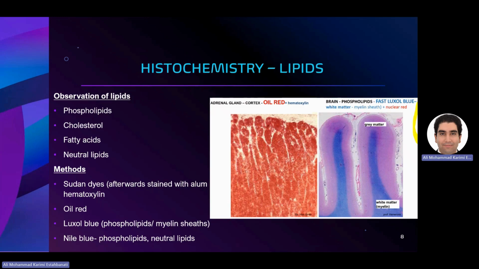The methods to stain lipids are Sudan, oil red, Luxol blue, and Nile blue. As you can see here, we have oil red. This is a good slide of it. And here it's part of the brain, stained with Luxol fast blue, especially for staining white matter and myelin sheath. If you zoom in here a bit, you will see there is a red nuclei. So that's very important.